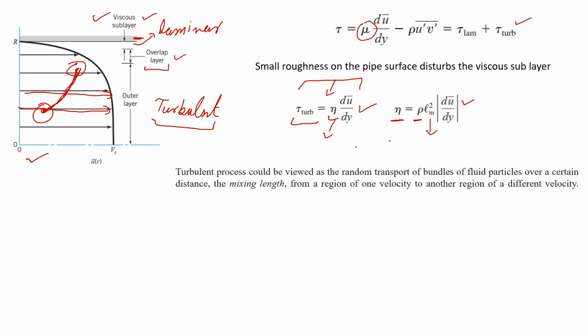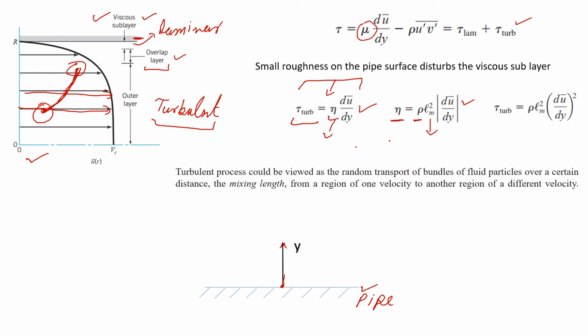So he also came up with another term, and what he did, he assumed a pipe surface, and he said that the mixing length is a linear function of the distance y from the pipe. That as we move away from the pipe surface, the mixing length will increase.